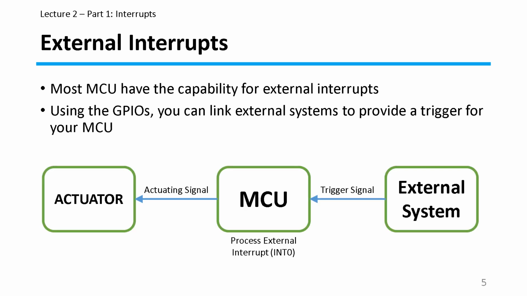So let's look at an example of how you can use it to link other systems to your microcontroller unit. Using the external system on the right, it will trigger your microcontroller unit, which processes that external interrupt. In the AVR, one of the external interrupts available is called int0 or interrupt 0. And then from there, within your program, you can configure it to actuate a signal for an actuator.